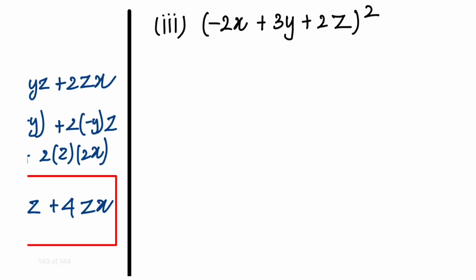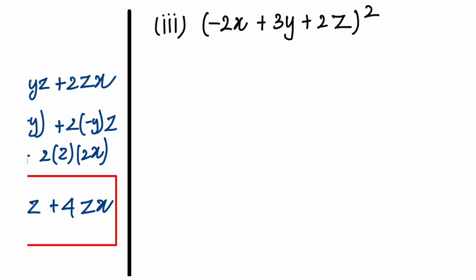Again the same identity, you are just applying it and evaluating it. I don't want to rewrite the identity here. I hope you have got it by now. x squared plus y squared plus z squared plus 2 into xy plus 2yz plus 2zx. So here x is equal to minus 2x and y is equal to 3y and z is equal to 2z.